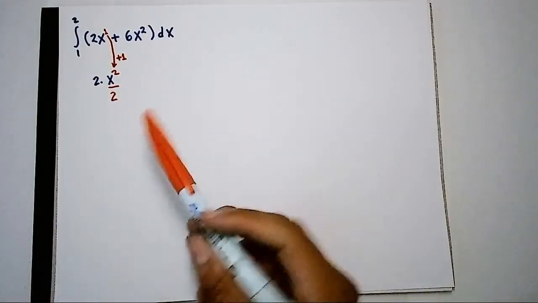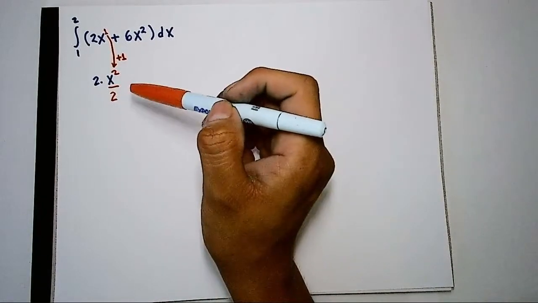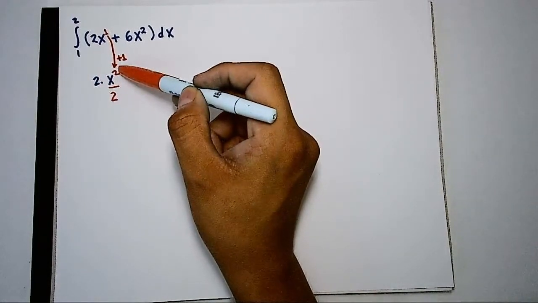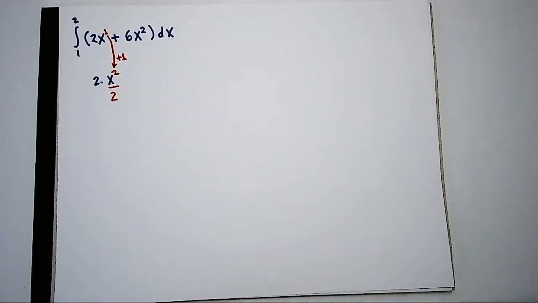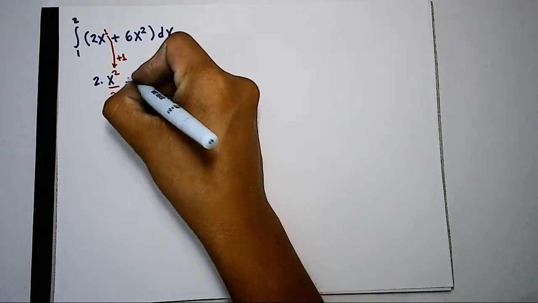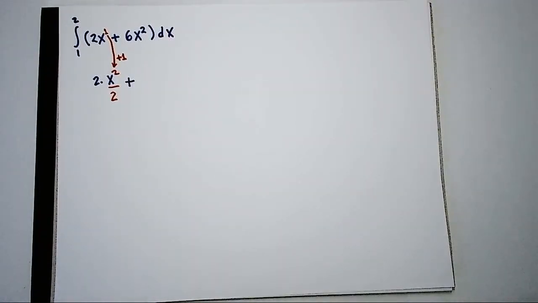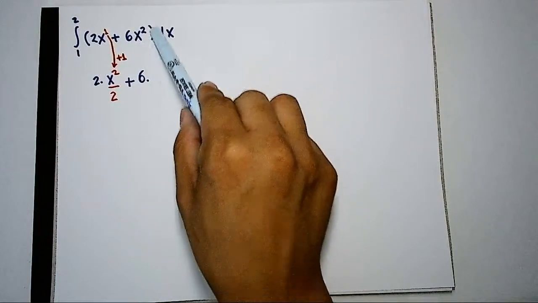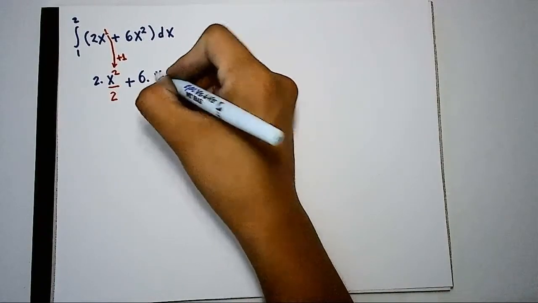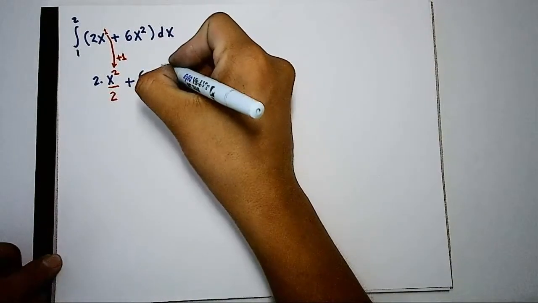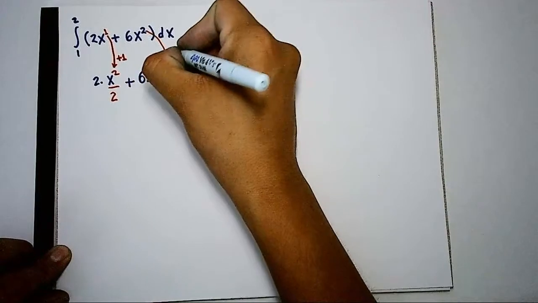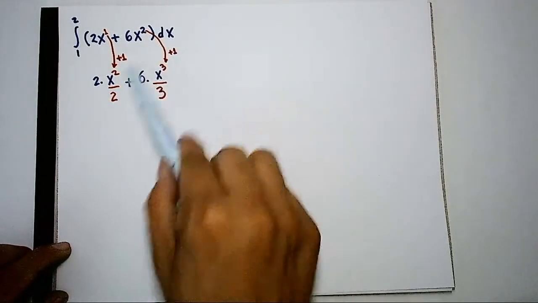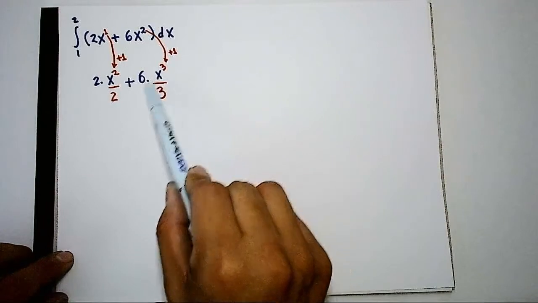This is because when we integrate, we divide the whole expression by the new exponent of the variable, plus, for the case of the second term, 6 is the constant times the integral of x squared, which is x to the third, because we are adding one unit to the exponent, and we divide the whole term by the value of the new exponent, which is 3.